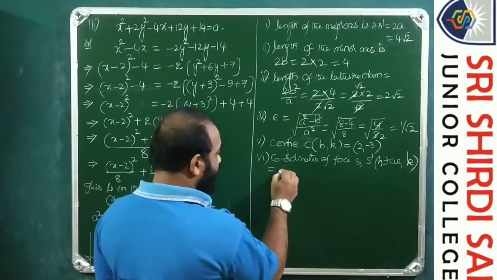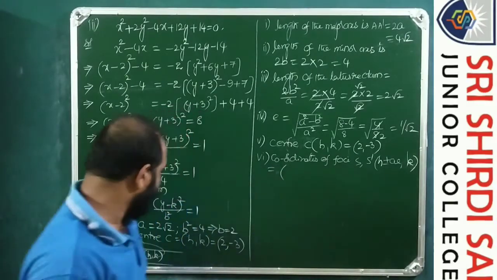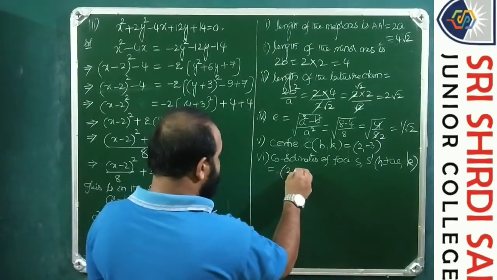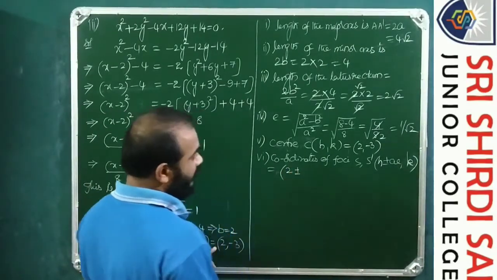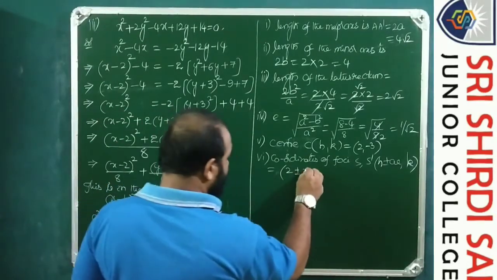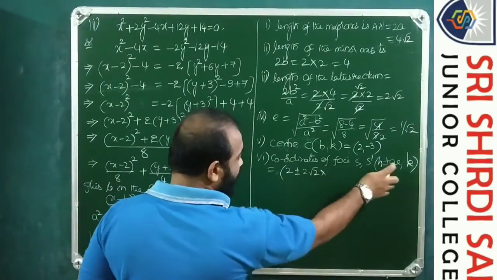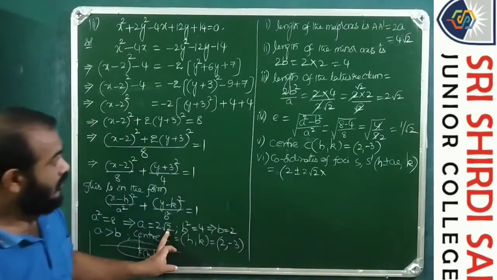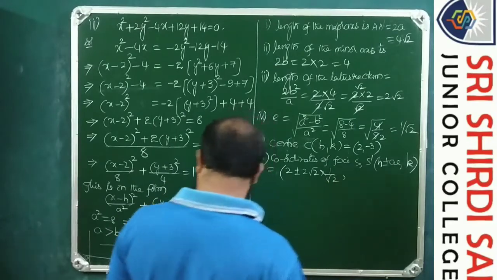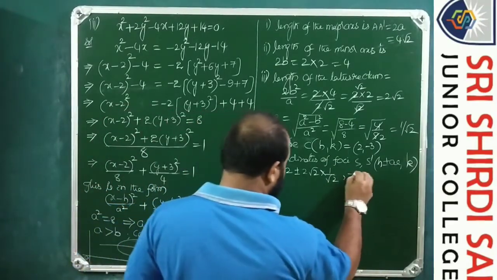So this is equal to h, which is 2, plus or minus ae. The value of a is 2 root 2 into the value of e is 1 by root 2, comma k value is minus 3.